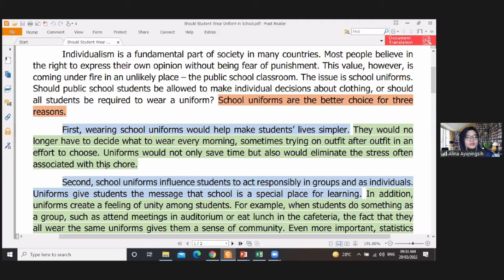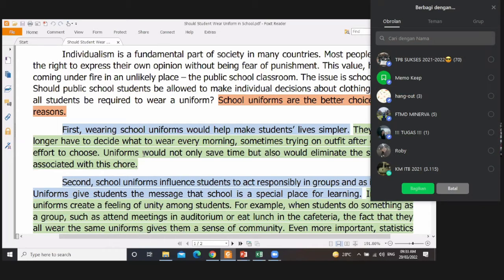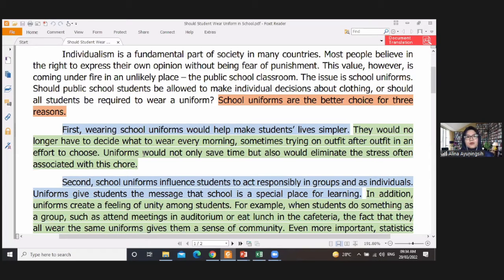So it seems like the student uses the backing which is like a causal relationship. So if a student should think about what outfit that they will use every morning, then it will increase their stress, okay, because of that.